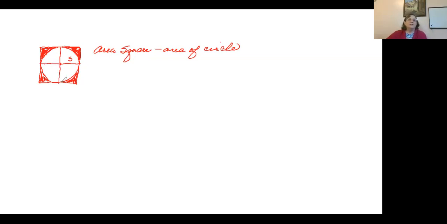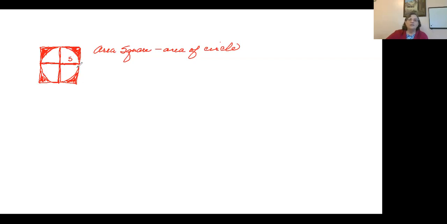If we drew this all the way through, you can see that if we draw lines through the center of this circle, then we would also have 1/4 of the square in each of these.